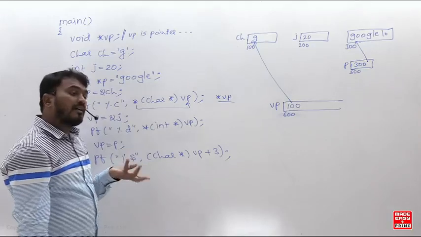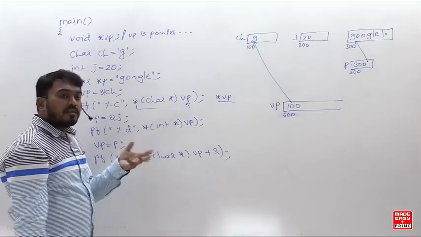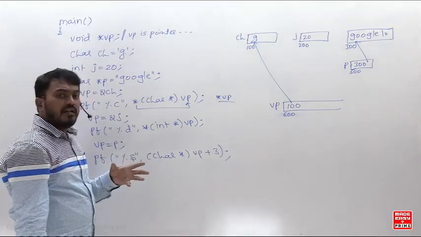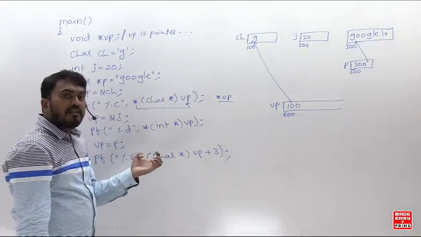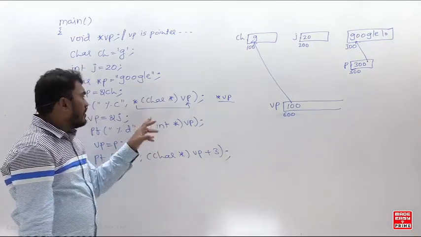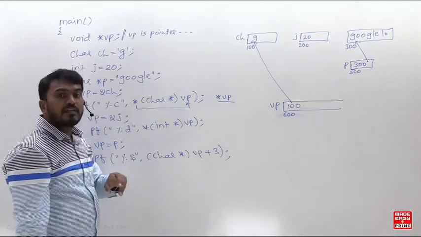It will give an error because it does not have clarity. A void pointer can take the address of any type of variable, so it does not know whether it is trying to print character data or integer data. You should give the clarity by performing typecasting.